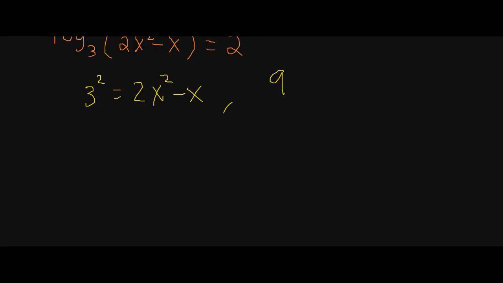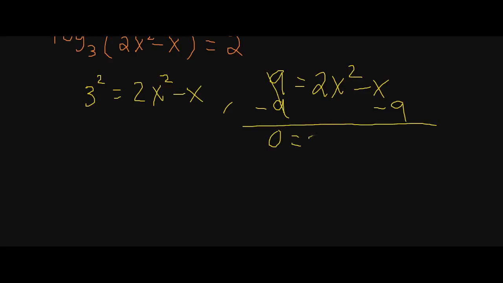So I'm going to get 9 is equal to 2x squared minus x. Now we just subtract 9 on both sides, and we're going to get 0 equals, because this cancels, 2x squared minus x minus 9.